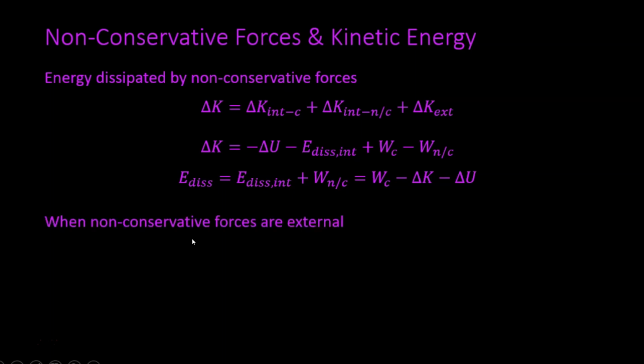When non-conservative forces are external, in other words, we have no internal conservative forces, this relationship exists, that the net work creates the change in kinetic energy. All this is telling us is that the work performed by external conservative forces less the work caused by external non-conservative forces is going to create the change in kinetic energy.